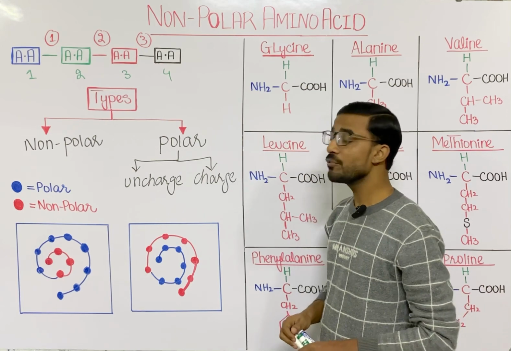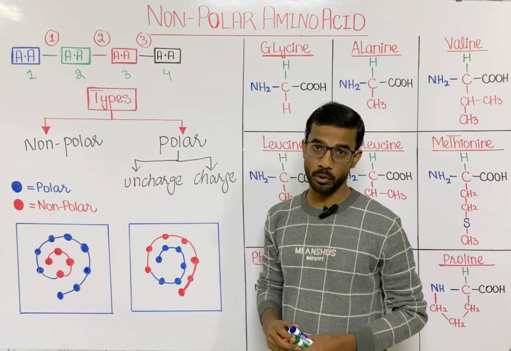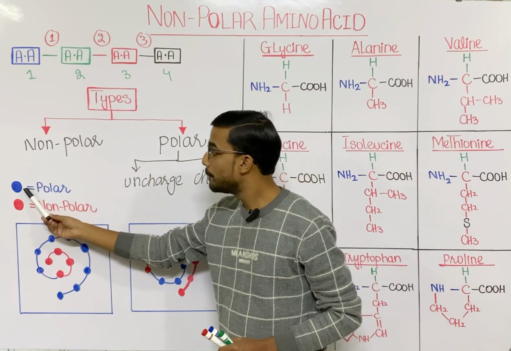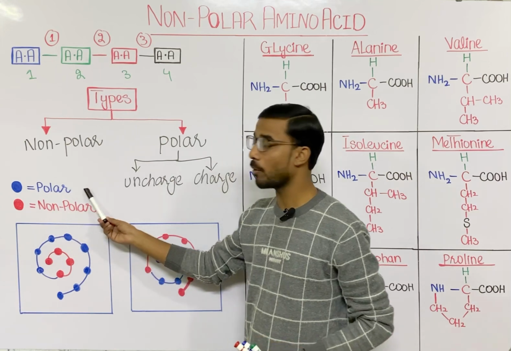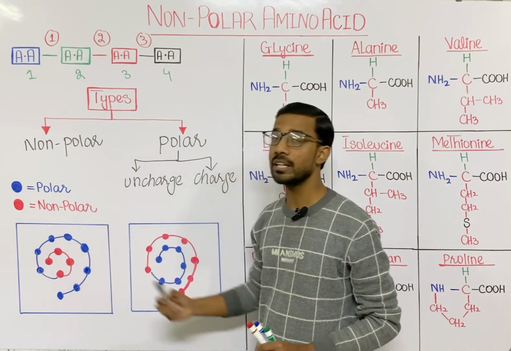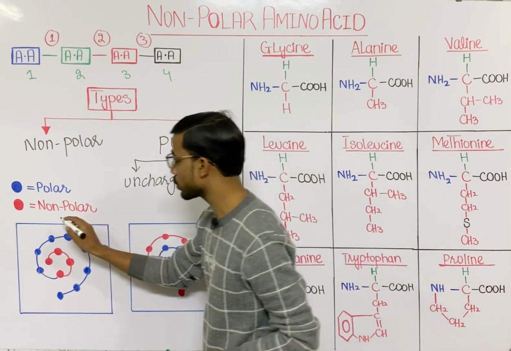Before we discuss the different conditions of the polar and non-polar amino acids, you should know that the blue color will represent the polar amino acids and the red color will represent the non-polar amino acids. We will discuss two situations.